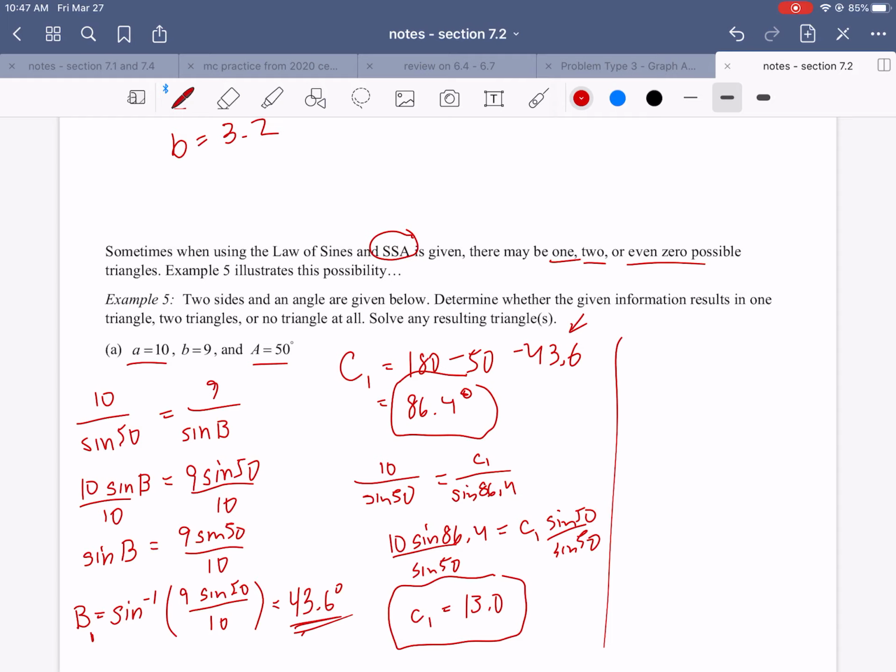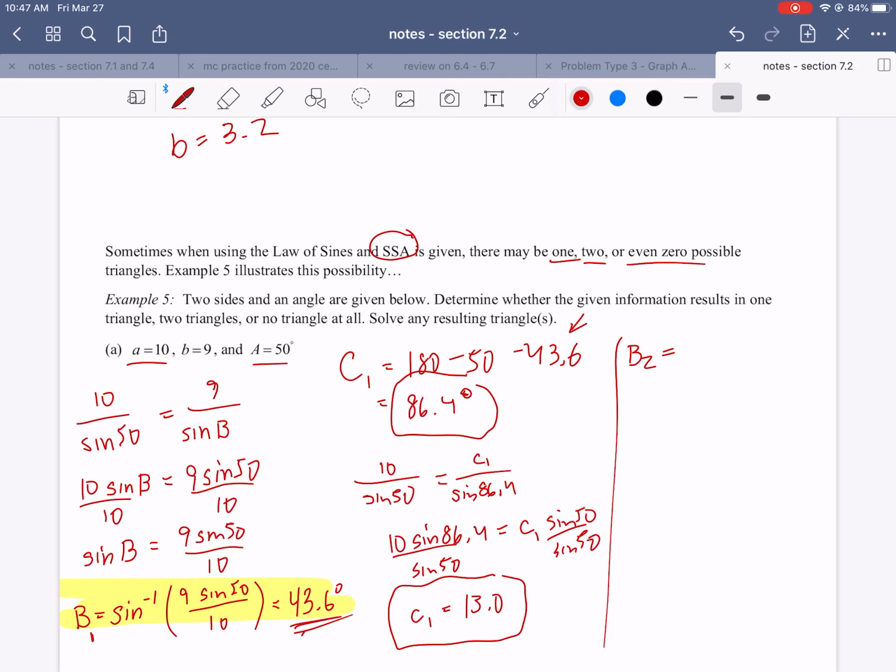Okay, now over here in this little space, I've got some room to try and see if there is a second triangle. And so here is how we determine if there is a second triangle. We need to go back to this step right here when we got little b1 and see if there's going to be a capital B2. So this is what we're going to do on every single problem when we check to see if there is another triangle: we're going to take that angle that we found first.